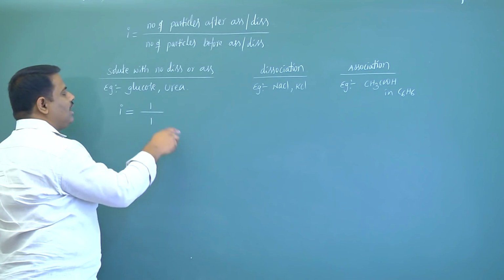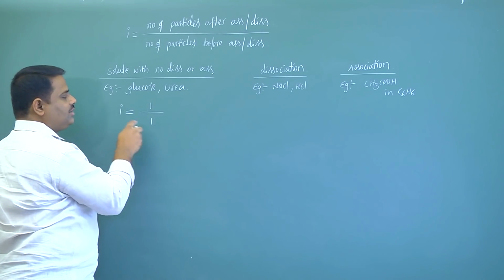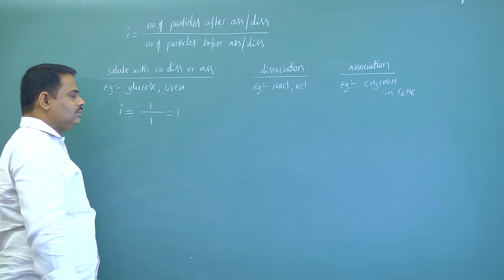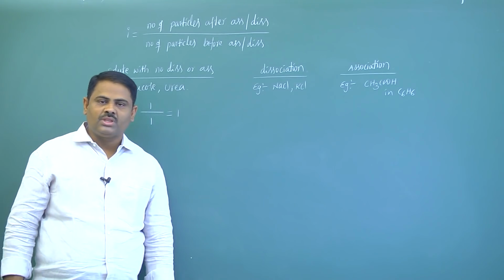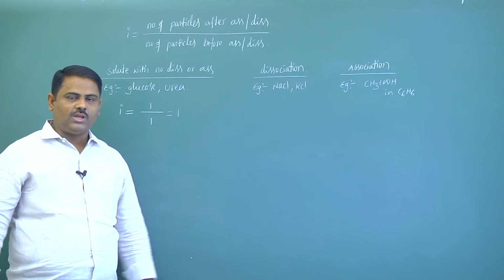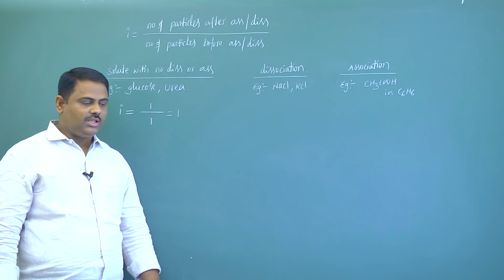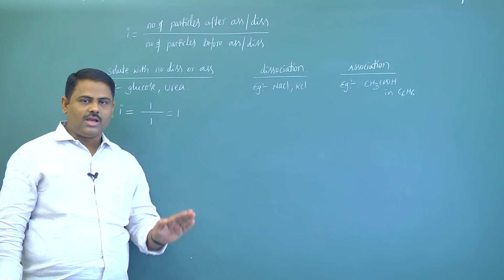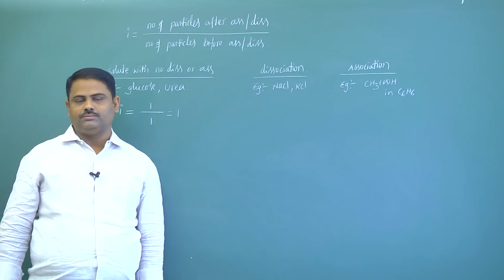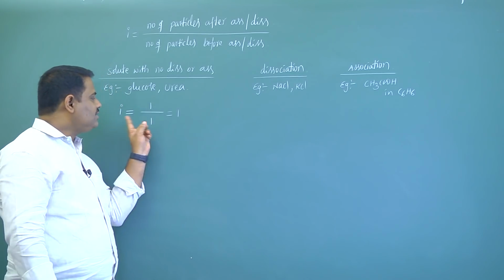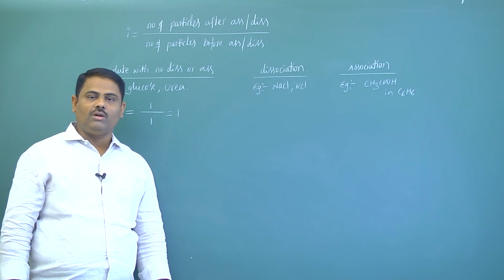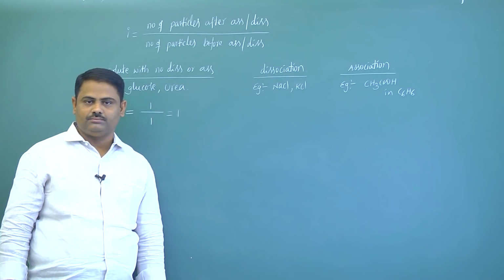After addition 1, before addition also 1, that's why here the i value is 1. You remember, if any solute is added to a solvent and there is no dissociation or association, then its i value is 1. If i value is 1, then there is no change in the value of the colligative property.